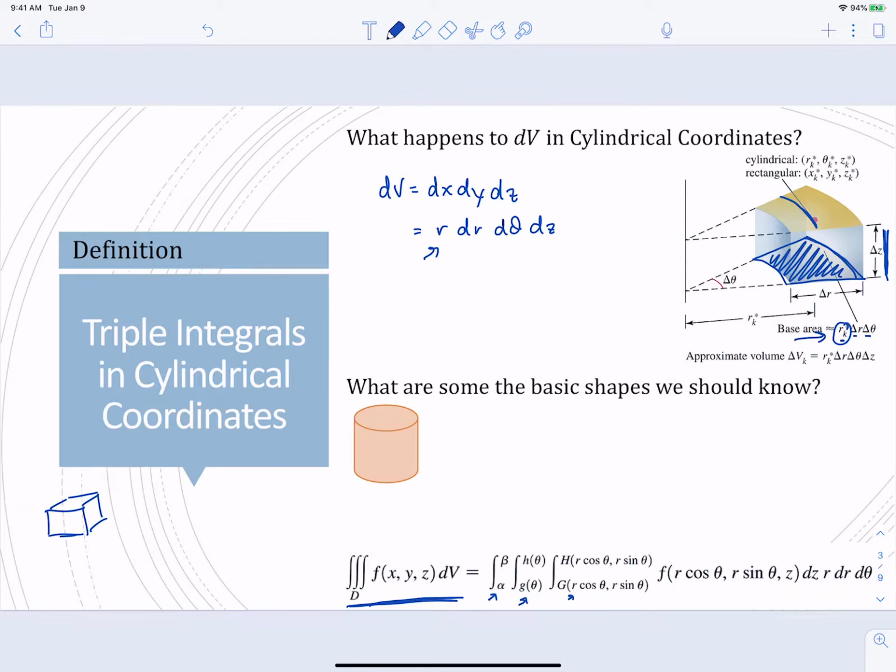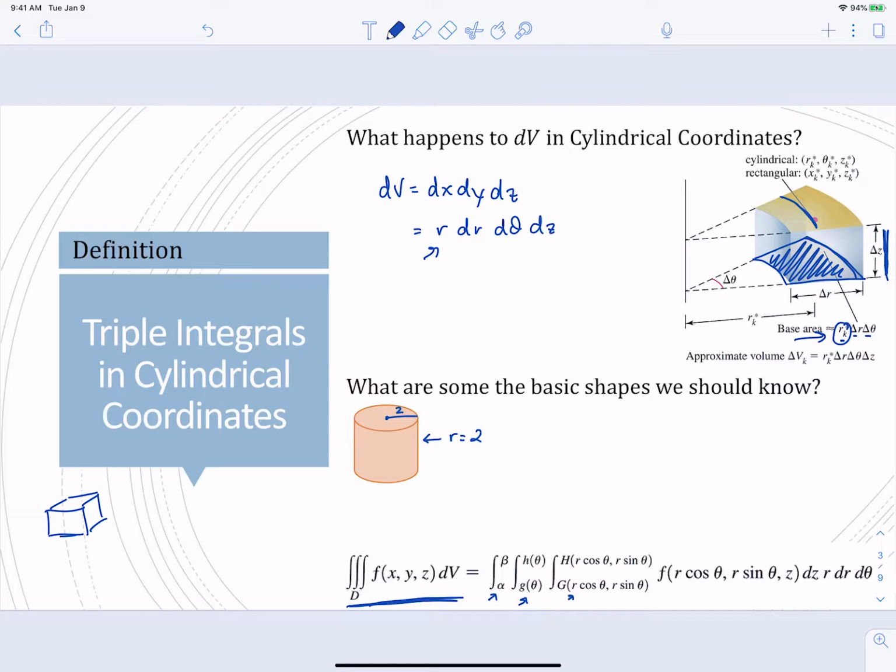Now we have a way to take something that looks like a cylinder and make that equation really simple. If we give this cylinder a radius of 2, in cylindrical coordinates it is literally just the equation r equals 2. It's a constant function, so it's pretty straightforward, and that gives us that whole region.